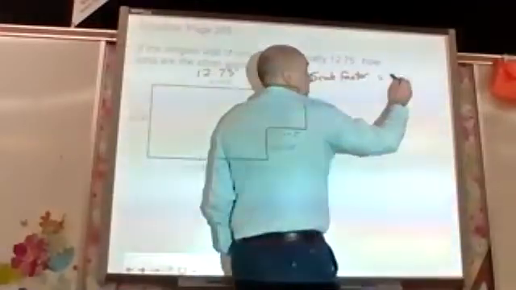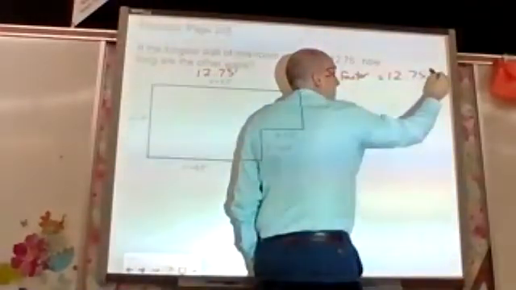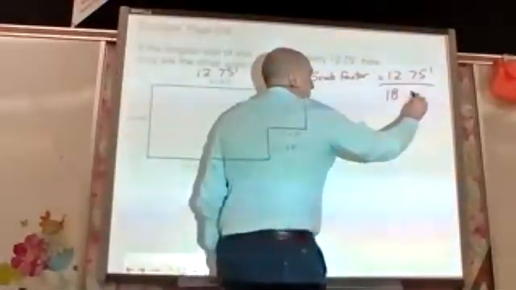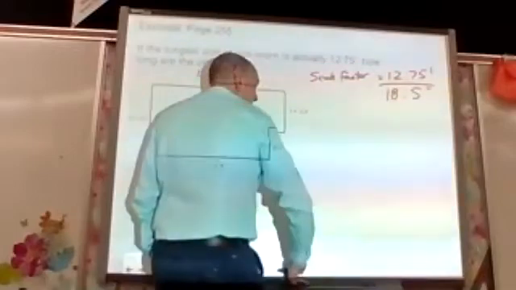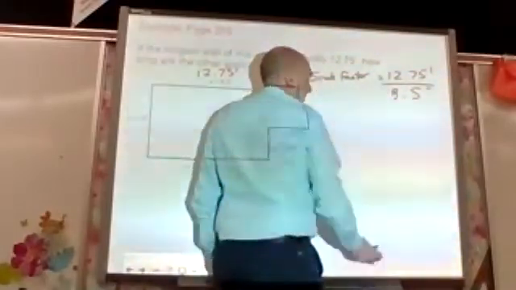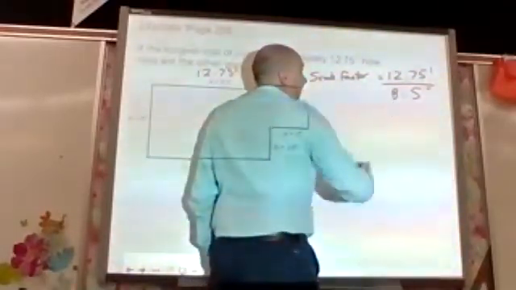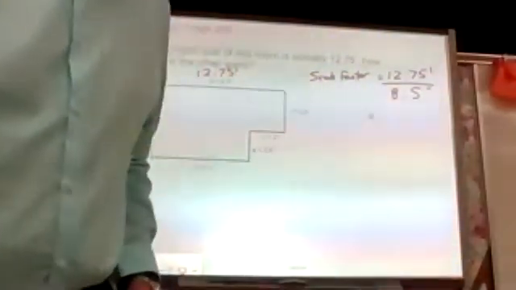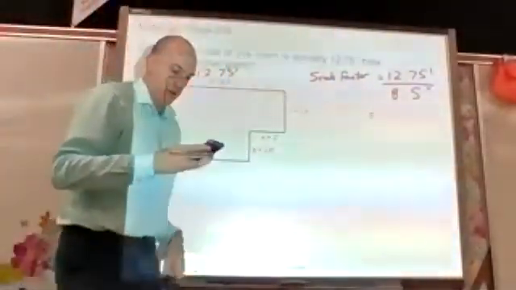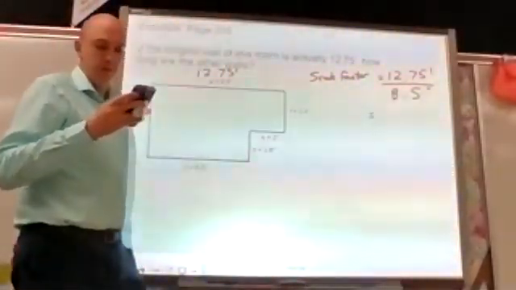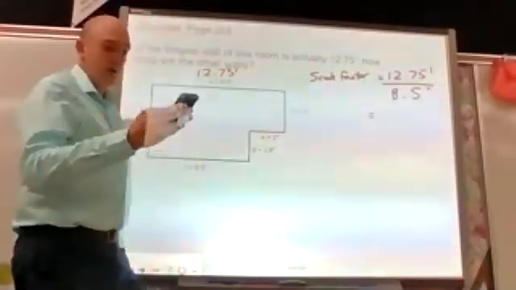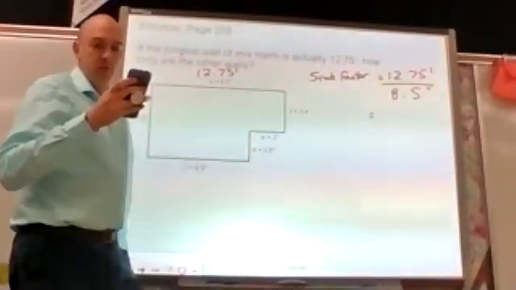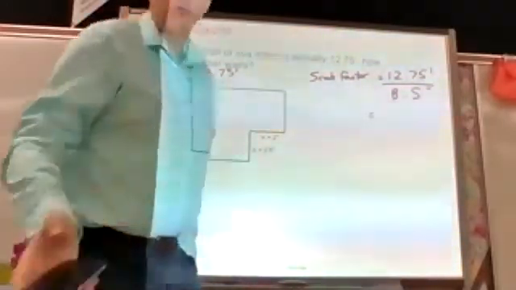We divide 12.75 feet by 8.5 inches. Just a minute, let me grab my calculator for that. 12.75 divided by 8.5 equals 1.5.